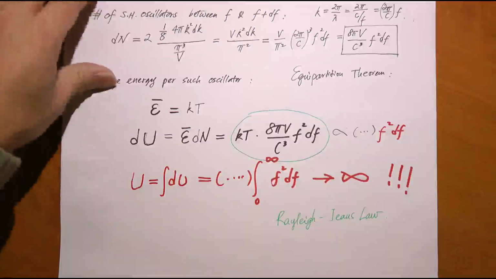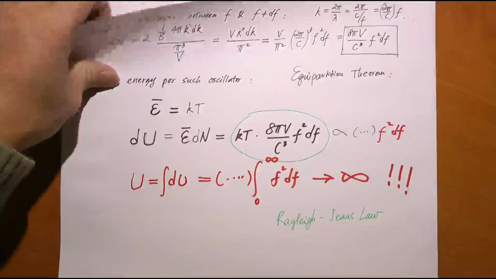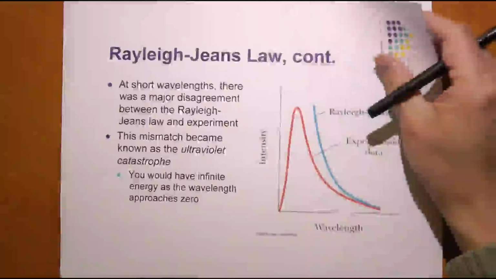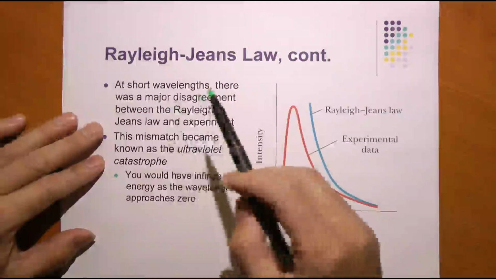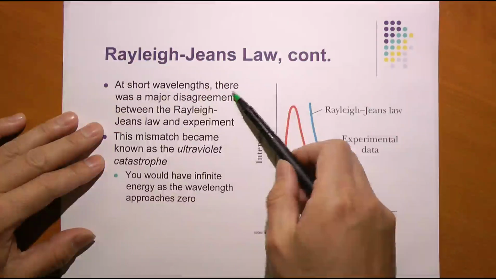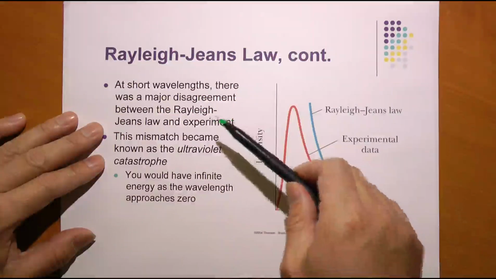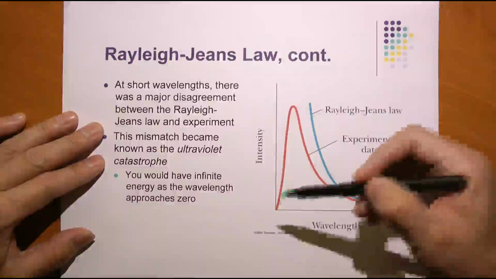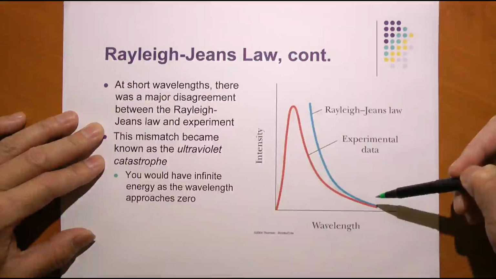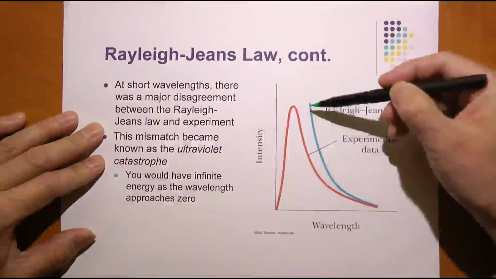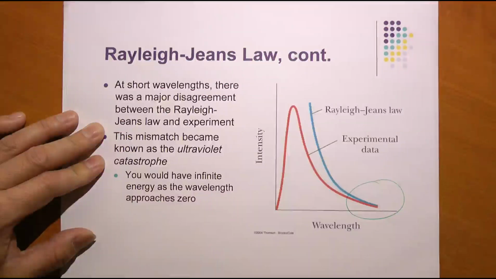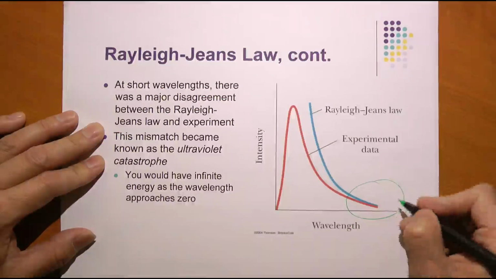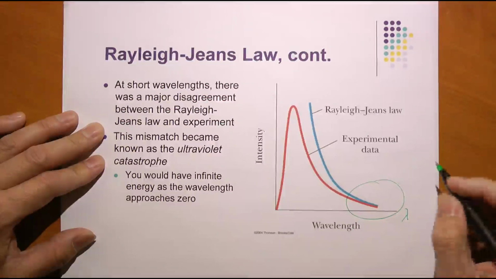But here's a plot of the Rayleigh-Jeans law versus the actual experiment. So you see, at short wavelengths or high frequencies, there was a major disagreement between Rayleigh-Jeans law and experiment. This red curve is experiment, and the Rayleigh-Jeans law is this blue curve, and the blue curve works quite well. It agrees well with classical physics at long wavelengths. So this is classical.